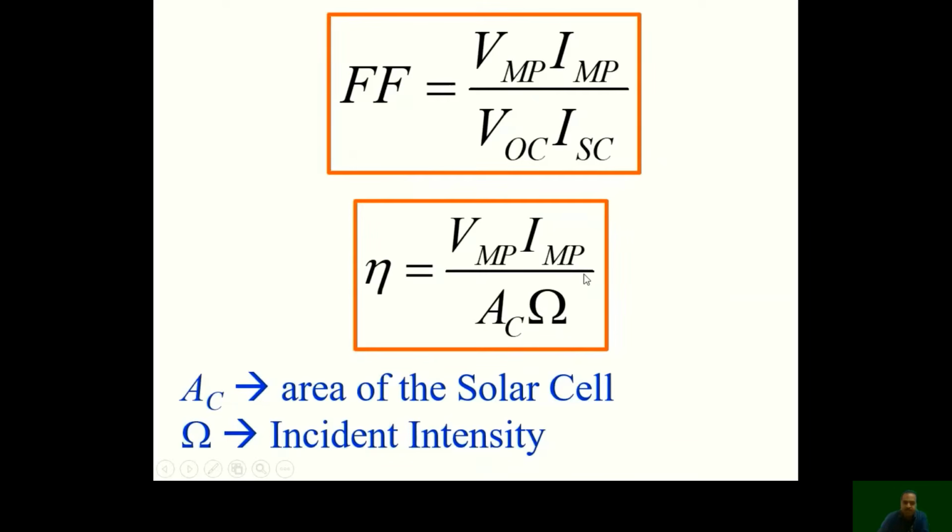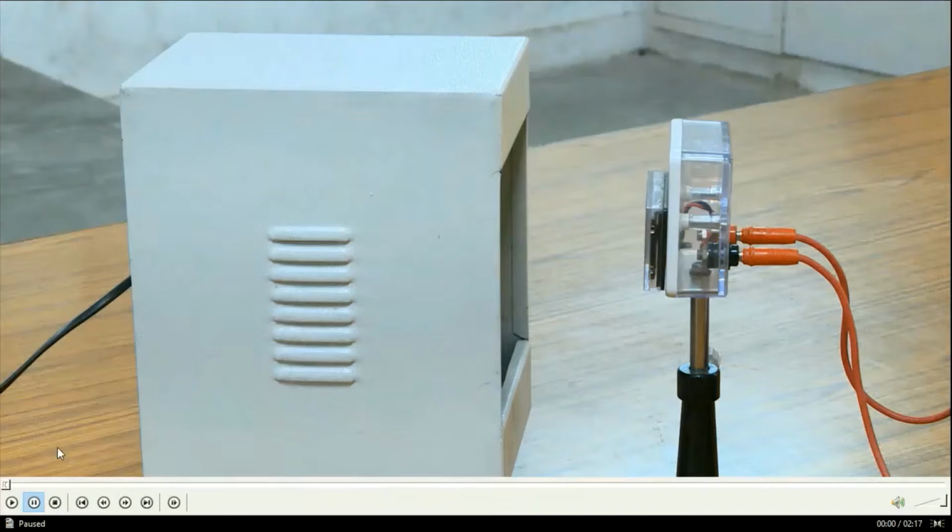And the incident intensity can be changed by changing the distance of the light source. So using these two formulae, we are going to find out the fill factor and the efficiency of the solar cell. So now let us go to the experimental setup and try to take some readings for this current voltage graph, and then we'll come back and plot it. Then we'll finally obtain the efficiency and the fill factor of the solar cell.